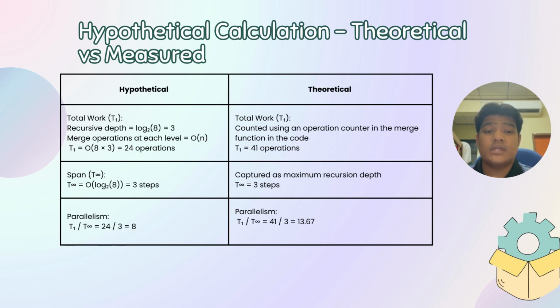This gives us a measured parallelism of 30.67, which is even better than the theoretical estimate. It shows how a real implementation can reveal deeper optimization potential compared to the theoretical estimates.